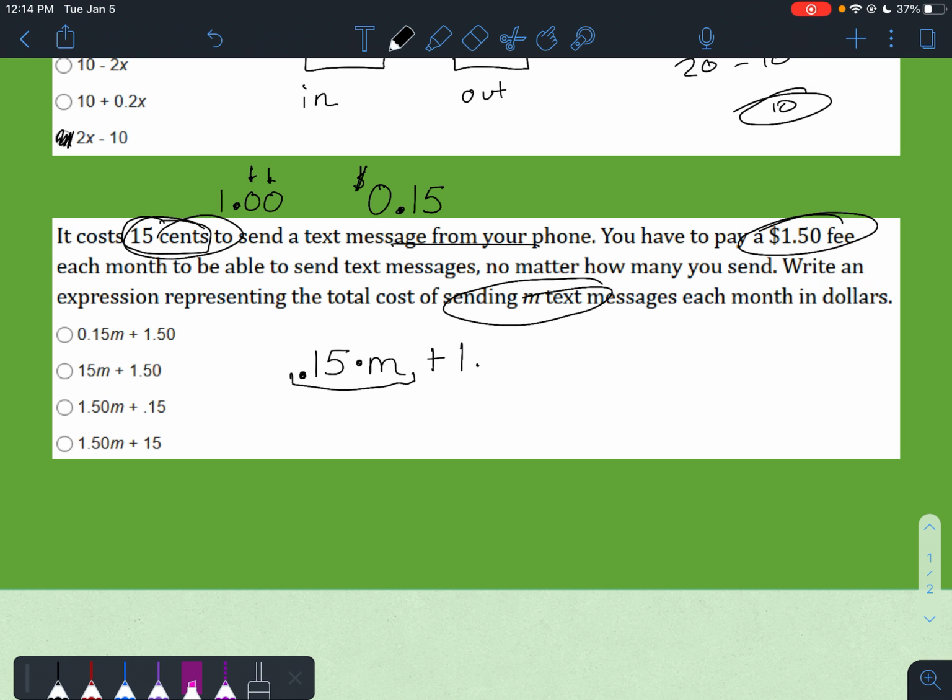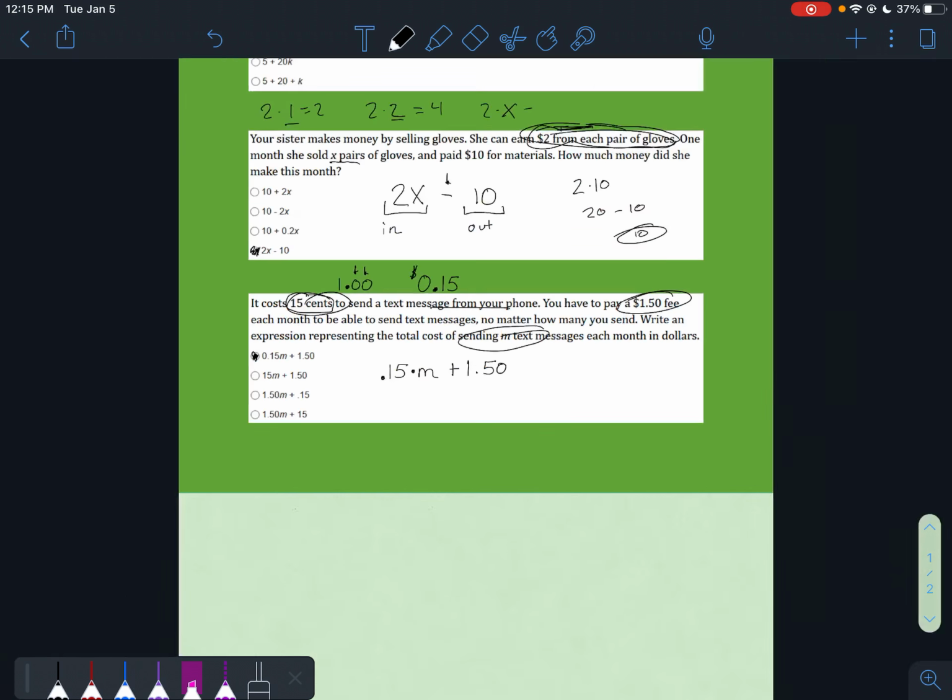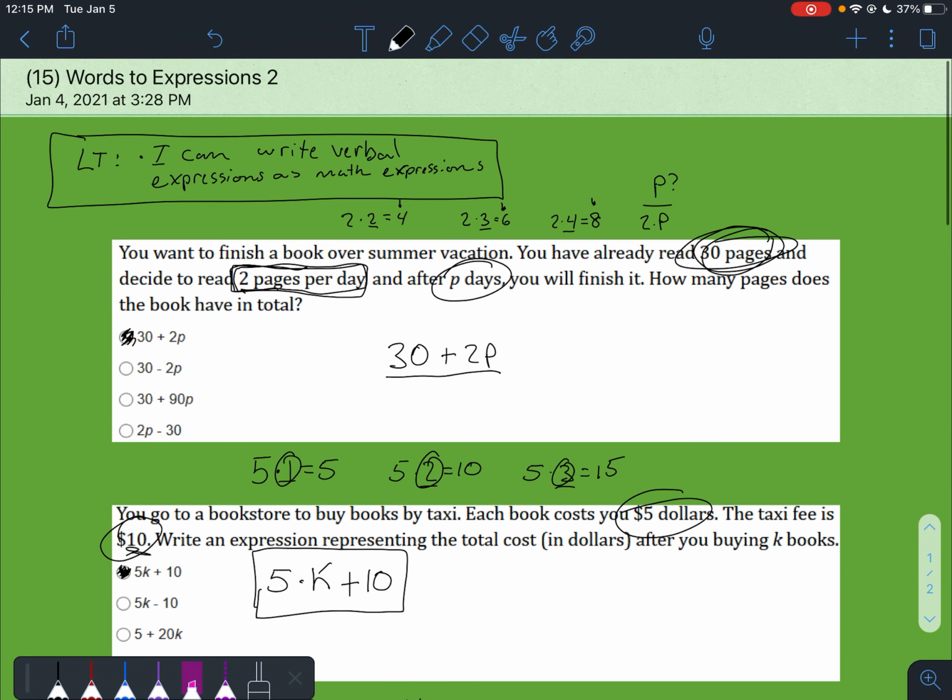So we have 0.15 times M plus 1.50. So we can find out how much money we're spending on text messages by putting in the number of text messages that we have. So it's 0.15M plus 1.50. And that is words to expressions 2.